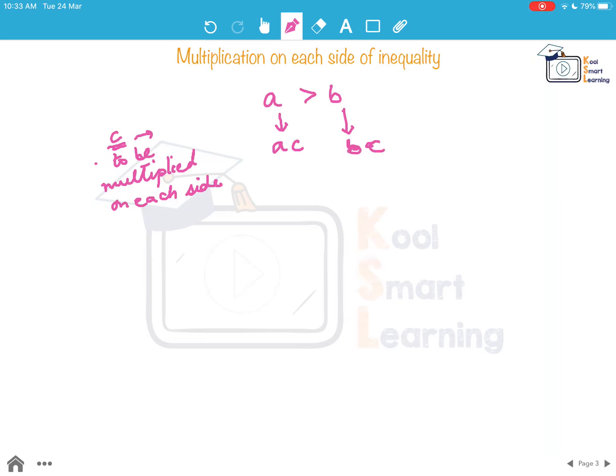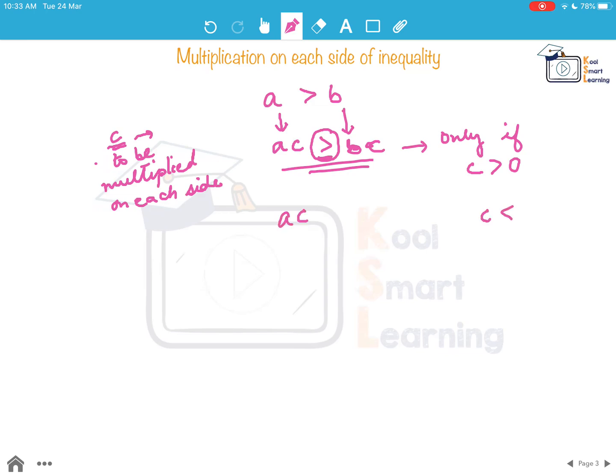So now can we say that AC will always be greater than BC? No. This will be true only if C is greater than 0. If C is positive, then AC will be greater than BC. The inequality will hold if we are multiplying C with both the sides of the inequality, only if the number which is being multiplied is positive.